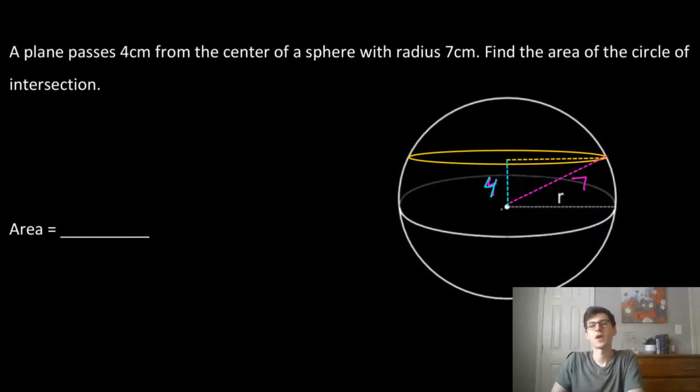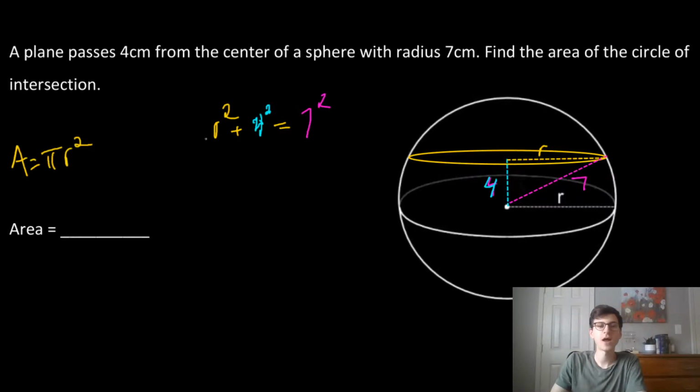So there we go. Okay, so then if we want to find the area of the circle, we just need to find the radius. R squared plus 4 squared, that's equal to 7 squared. So then the nice thing is, remember, what's the formula for area of a circle? It's pi r squared. So I don't even need to find r. I can just find r squared.